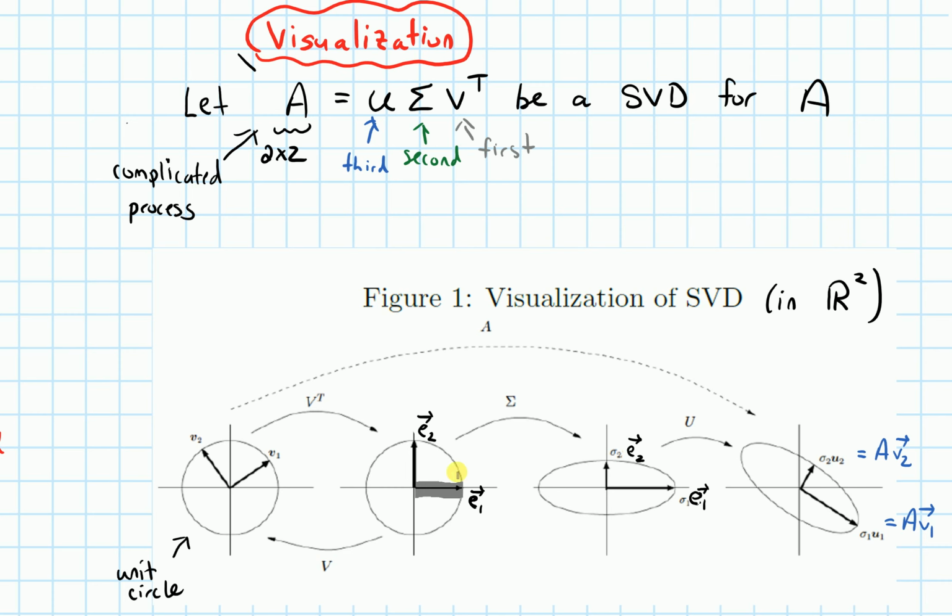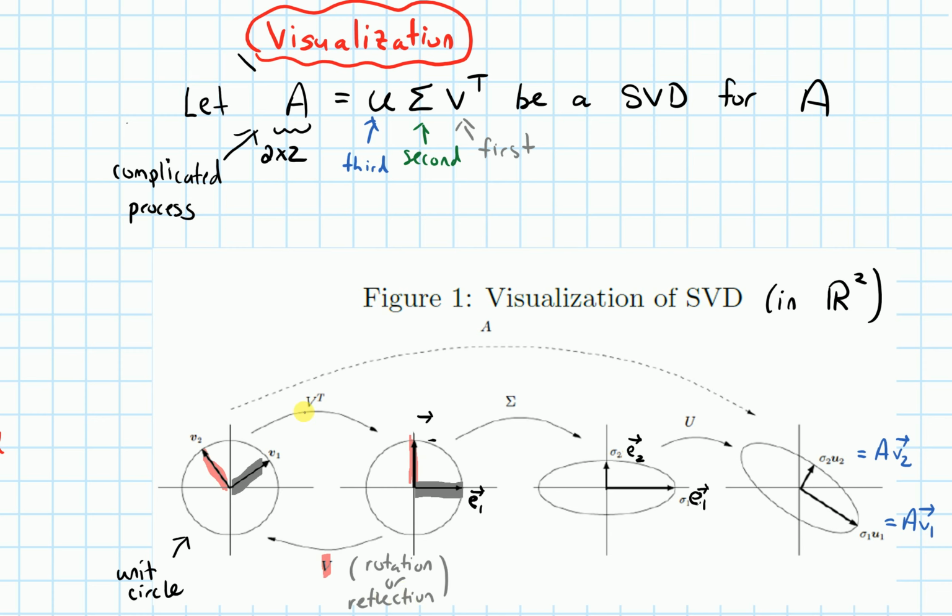So it'll transform E1 to, let's say, V1. And then it's going to transform the vector E2, the second standard basis vector, to a vector V2. So that's what the matrix V will do. Notice that V is rotating these vectors. It's either going to be rotating them or reflecting them. So this is either a rotation or a reflection.